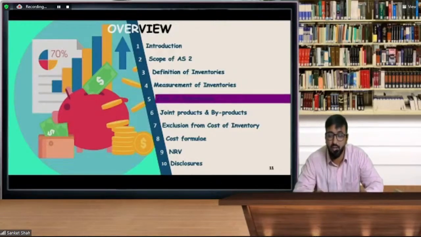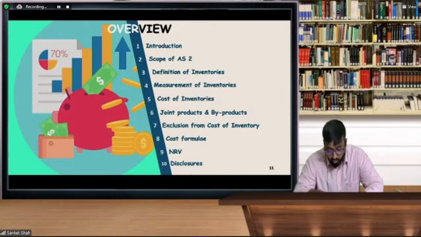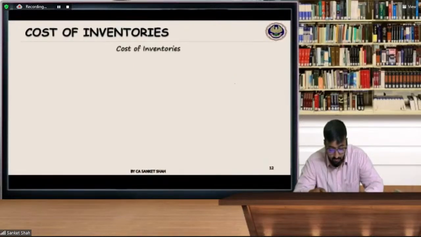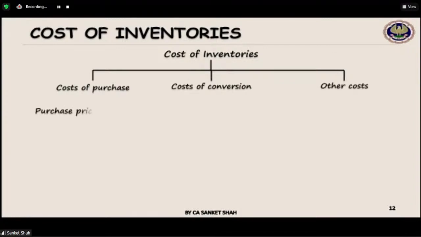Make it interactive. Please note down all these points. चलो, measurement हो गया. Then cost of inventory. Now, what is cost of inventory? It is divided into 3 parts: cost of purchase, cost of conversion, and other cost.